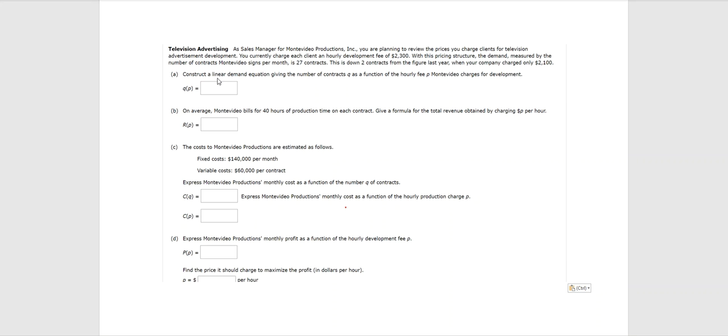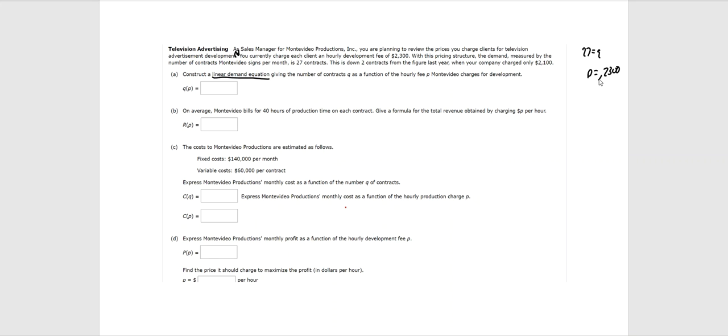As soon as I see a linear demand equation, I go back up and start looking at information. Here's one. You have a development fee of $2,300, and with that pricing structure, the demand was 27 contracts. 27 is quantity, price is 2,300.